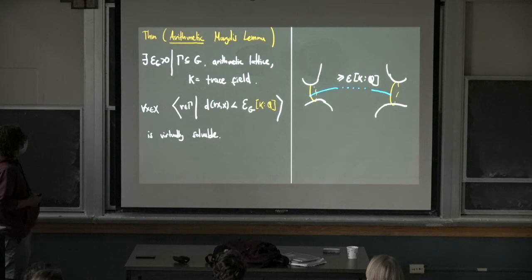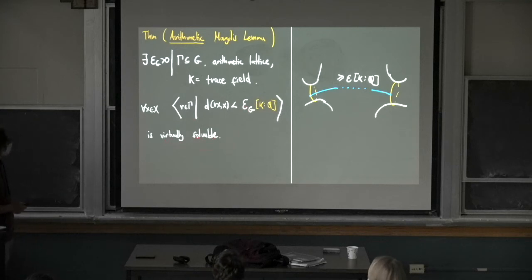Then it says there exists this epsilon such that the group of elements that move a point X, before it was epsilon, but now you have this gain of multiplying by the degree of the trace field, is virtually solvable.